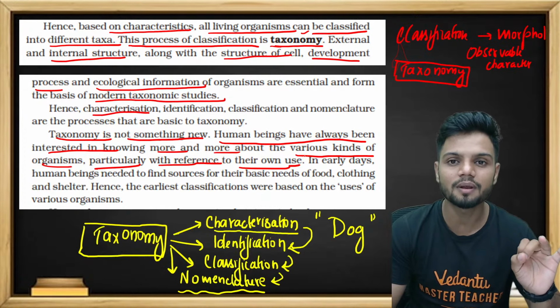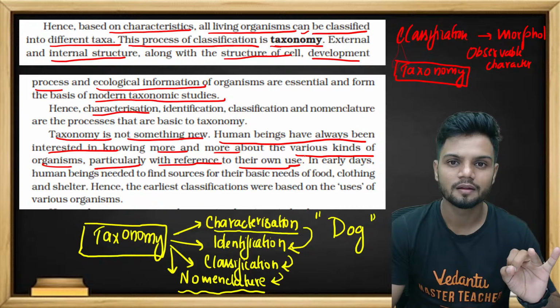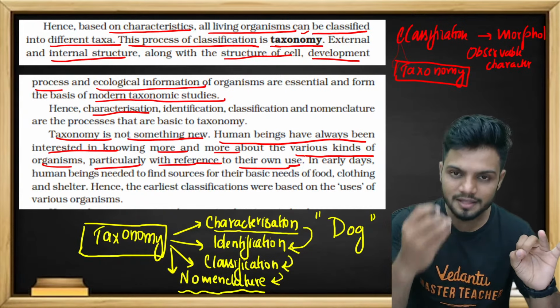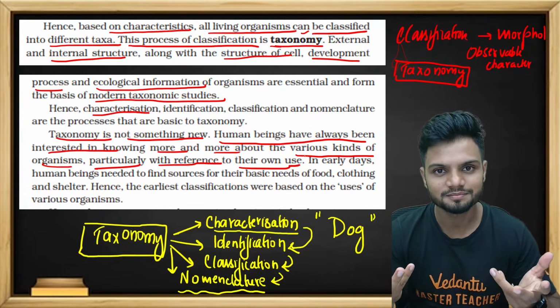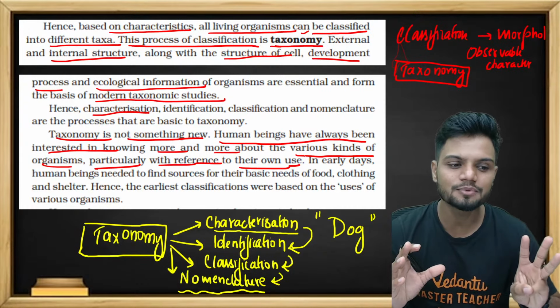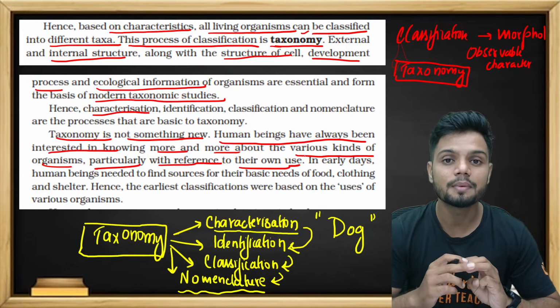If you can't eat the plant and you fall sick, it is called a poisonous plant. And if you eat a plant which is curing you, that is called a medicinal plant. So back in the day also, there were three types: edible plants, poisonous plants, medicinal plants.